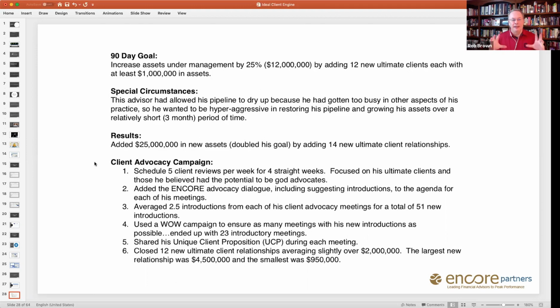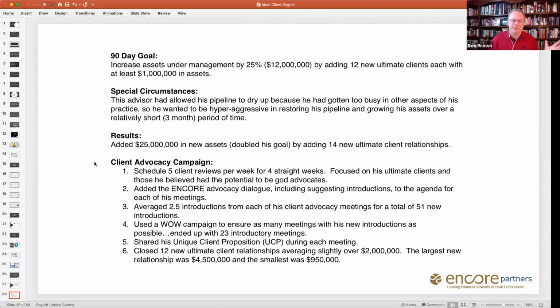This is a case study that's on the back of that client attraction optimization worksheet. And it's a great example of a client setting a 90-day, a 12-week goal. The goal was to increase AUM by 25% by adding 12 new ideal clients, each one having at least $1 million. Aggressive goal.